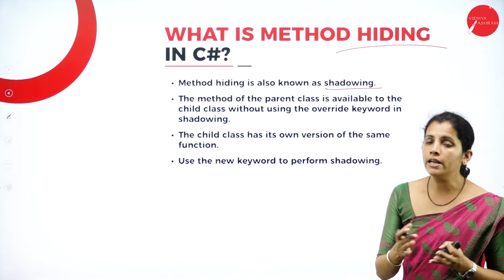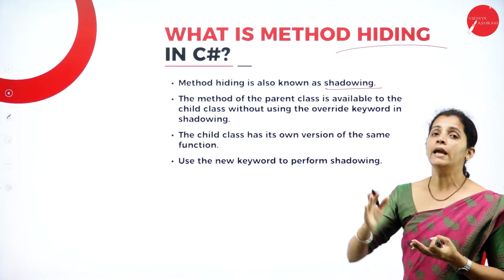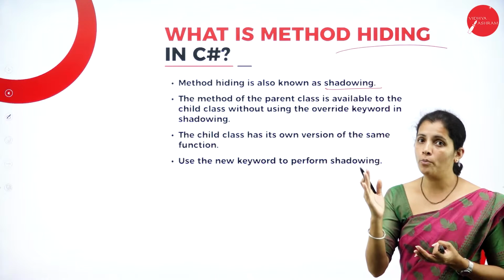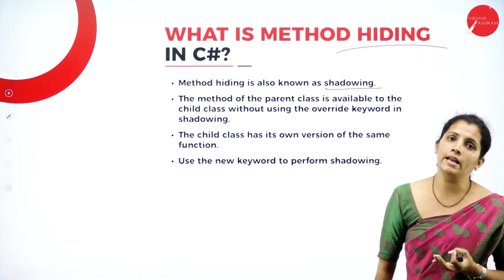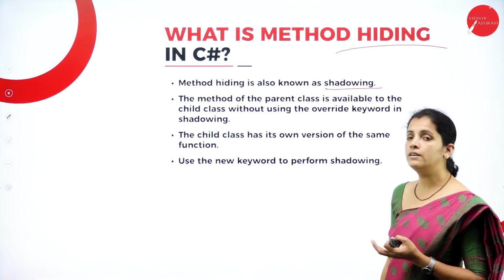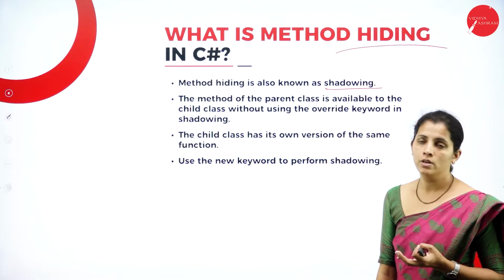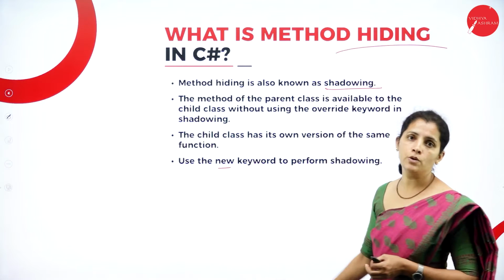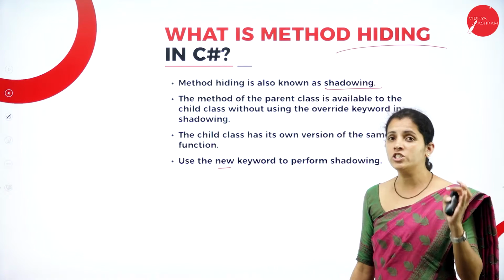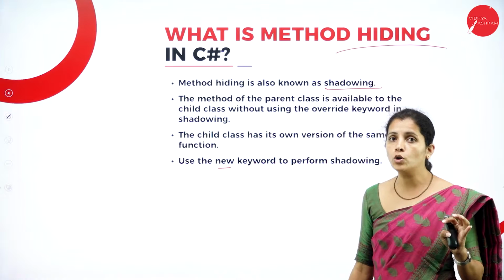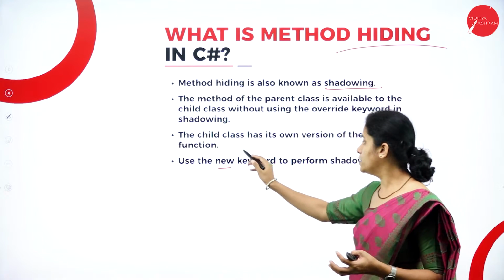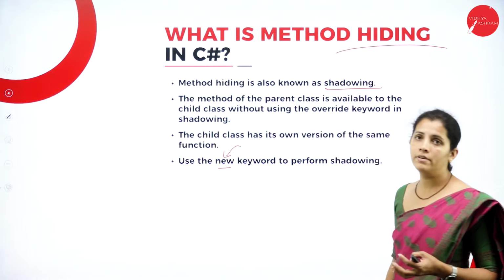So, dear student, if I want to hide any method from inheriting the property, then I can use the word called new. So, I want to use the keyword new. That means for the method which I don't want to inherit, at that time, I can use the new keyword.